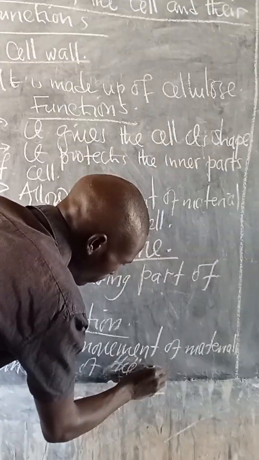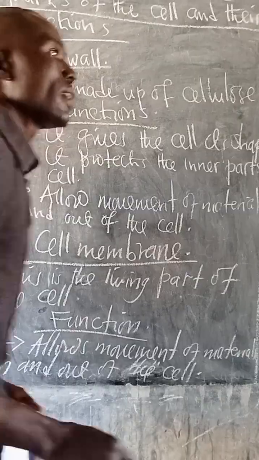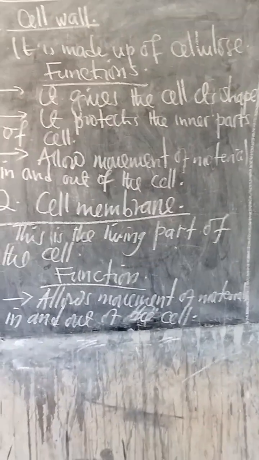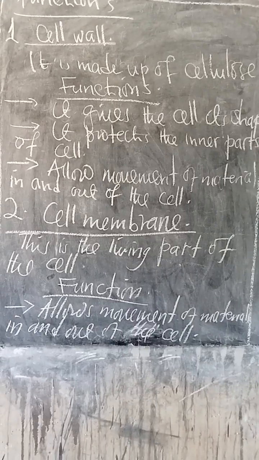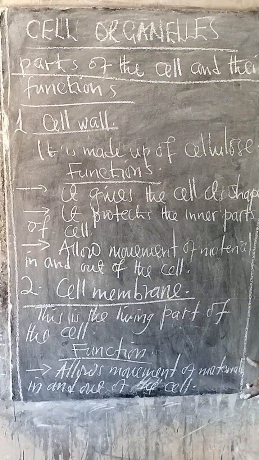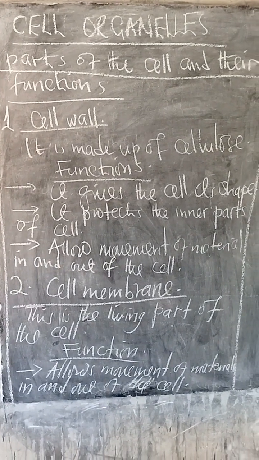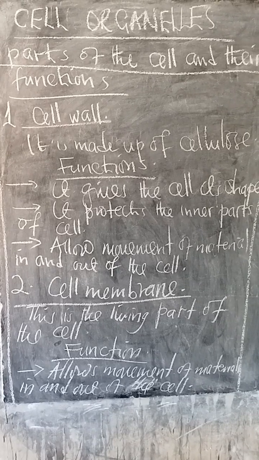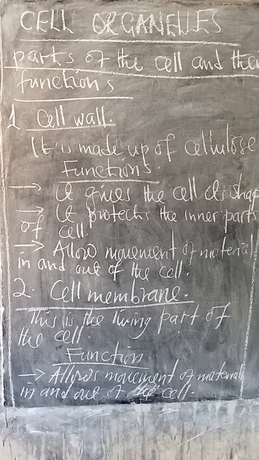Why? Because the cell membrane has some pores, some tiny holes through which the substances can move in and out. When we look at the properties of the cell membrane, it has small pores, and these pores allow movement of substances in and out of the cell, which is one of the basic functions of the cell membrane. It somehow also regulates the shape of the cell.